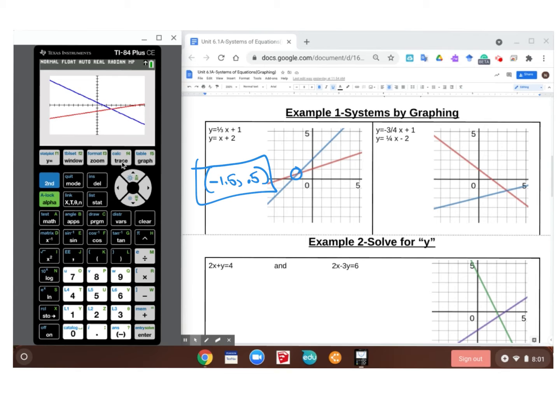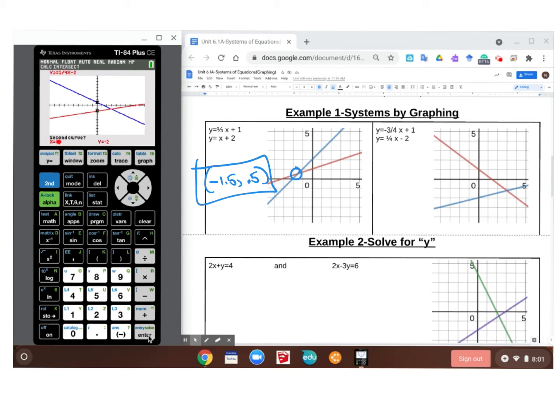But again, it's not at a clear point, and we don't want to just assume that was a good point. So we're going to hit the second calc, and it's going to bring us to this menu. We're going to want to hit the 5 button, because we want to find out where these two lines intersect.